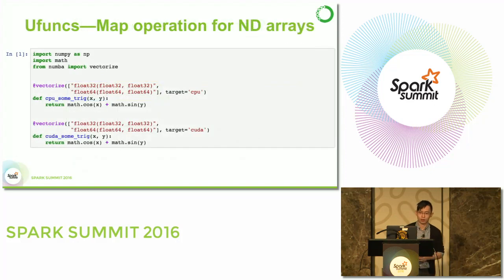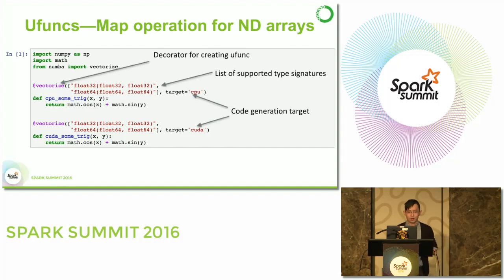But there is also another, easier API for folks that are closer to functional style programming. It's the vectorize decorator. In NumPy, vectorize generates functions that are called ufuncs, universal functions. It's like a map operation for NDarrays. So you have some scalar function that operates on scalars.